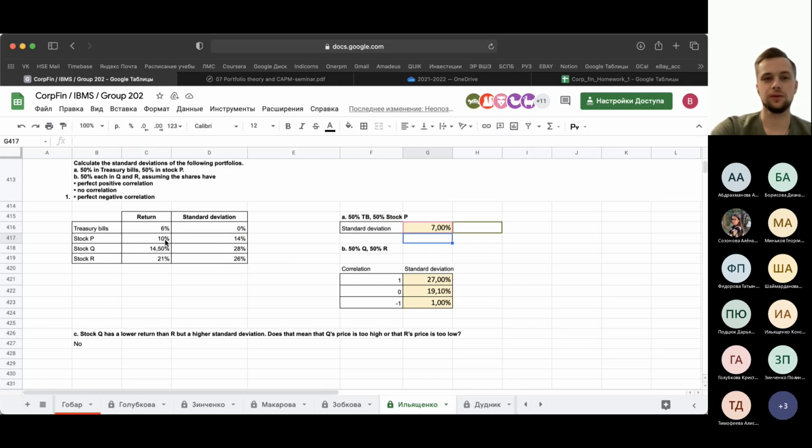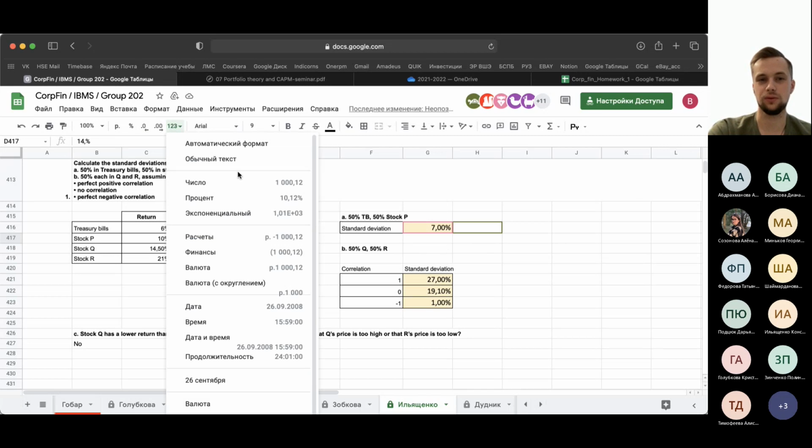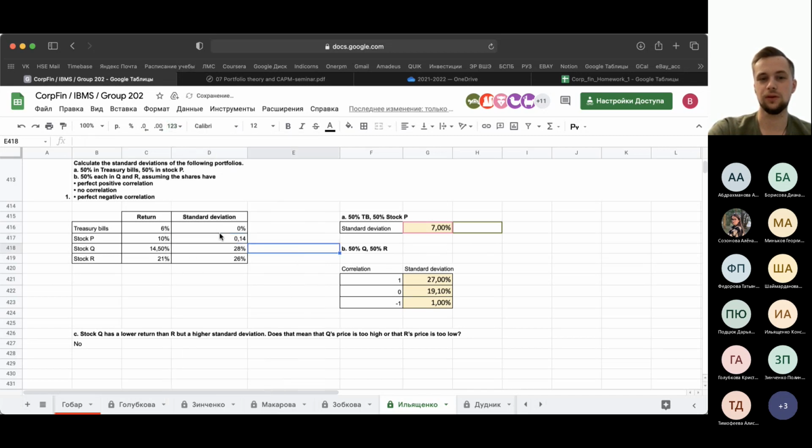So the mean return is 10%, and on average it can deviate by 14 percentage points. It's easy, but you can use percents. It's for the visualization and for the convenience.